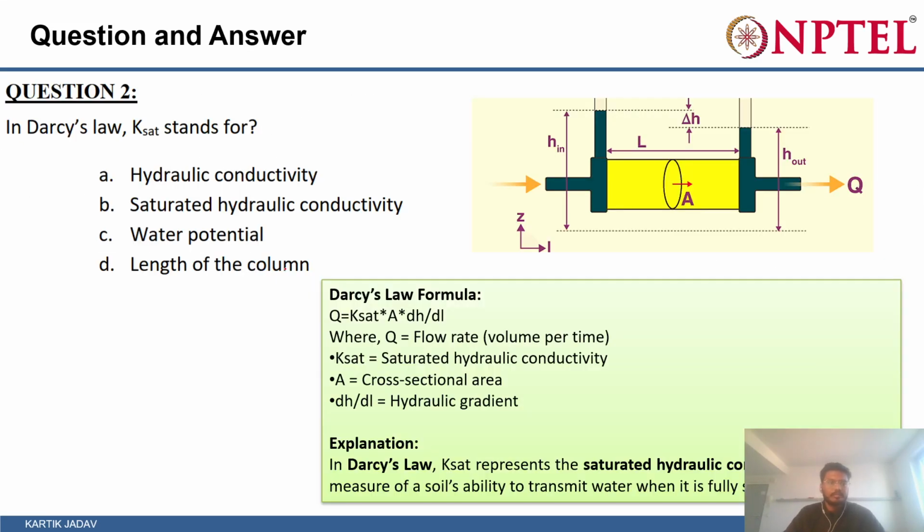The correct answer is Darcy's law. K stands for hydraulic conductivity. Know that Darcy's law is defined as Q equal to K times i times A. So discharge is directly proportional to hydraulic conductivity, hydraulic gradient, and area.